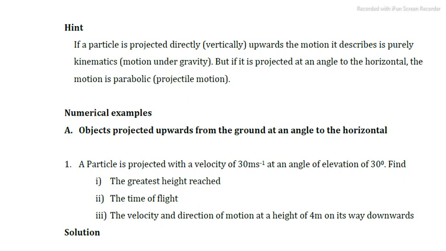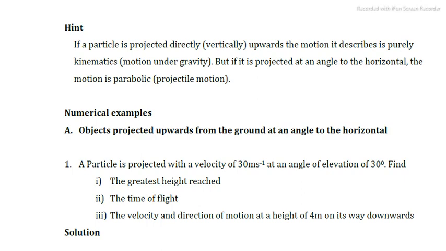We have a hint which says that if a particle is projected directly upwards, the motion it describes is purely kinematic. That is the study of kinematics, the study of motion under gravity.